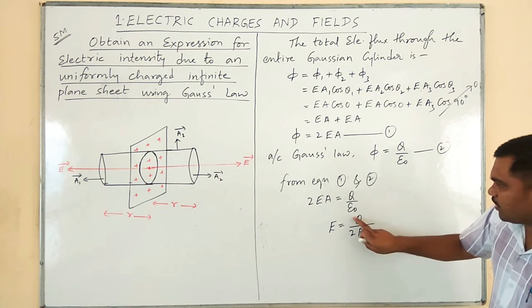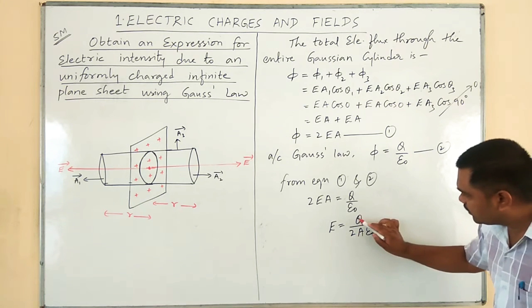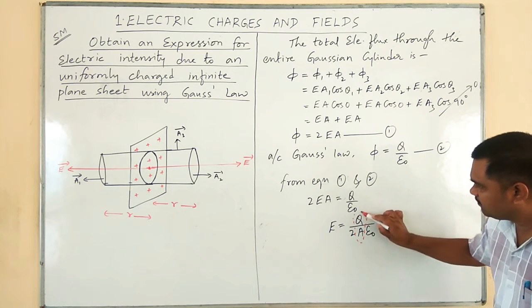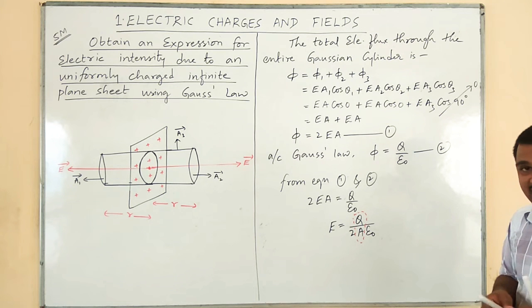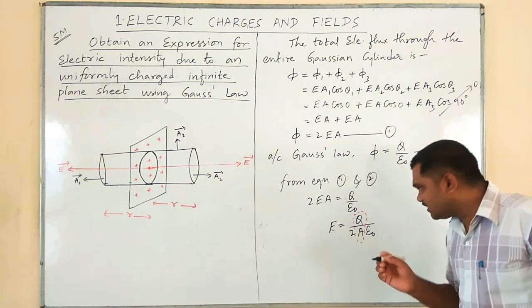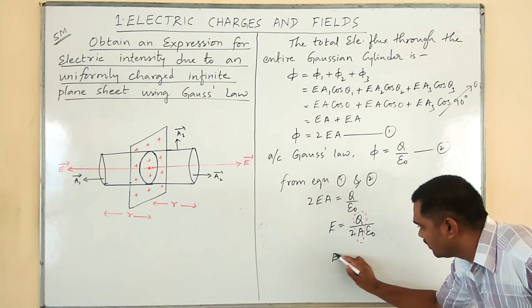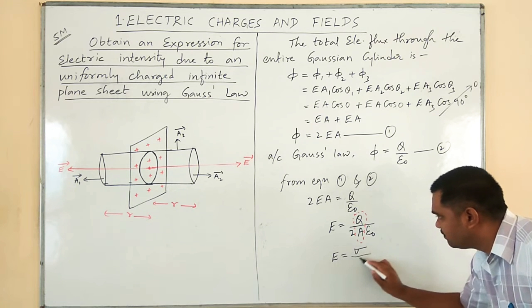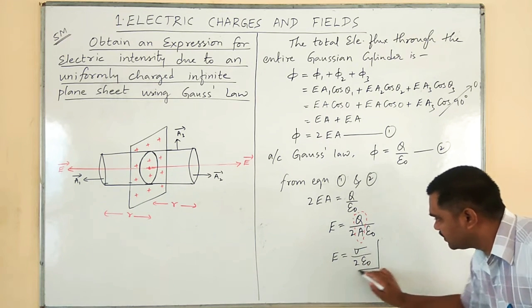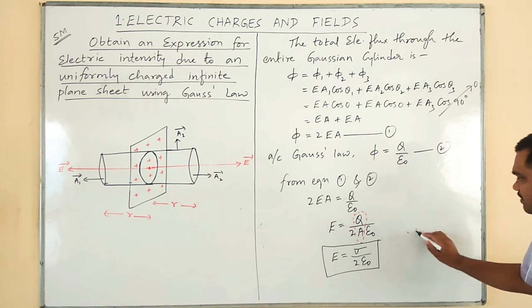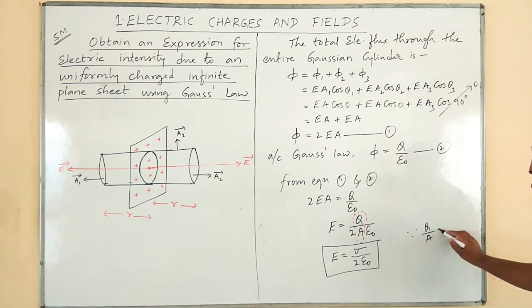See, what is the value of Q divided by A? This Q by A, charge per unit area of the conductor, is said to be surface charge density. Therefore, E is equal to sigma by 2 epsilon naught, because Q by A is equal to sigma. This is surface charge density.